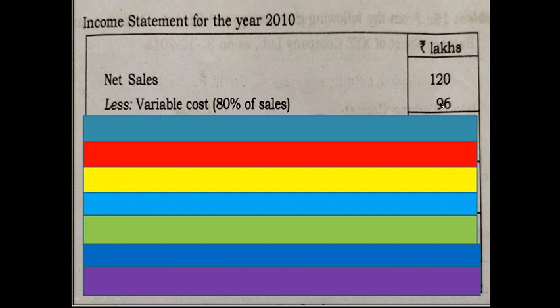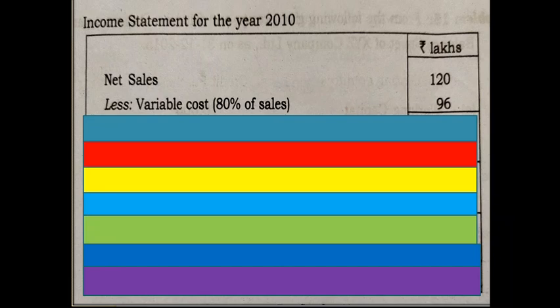Sometimes the variable cost amount may be directly given, sometimes the percentage will be given. Whenever the percentage is given for variable cost, it is implied that the variable cost will be that percentage of net sales of that concern.